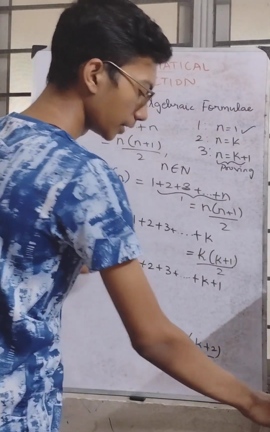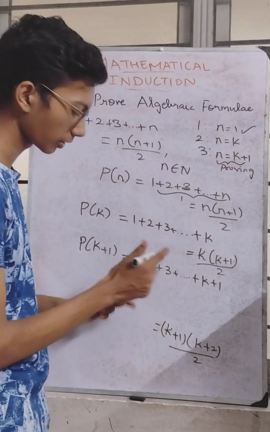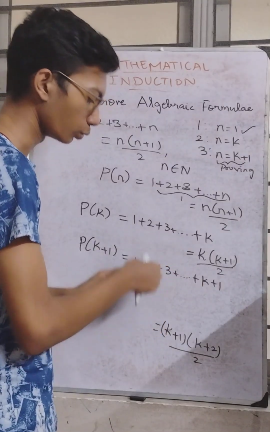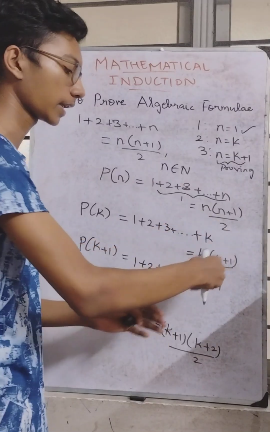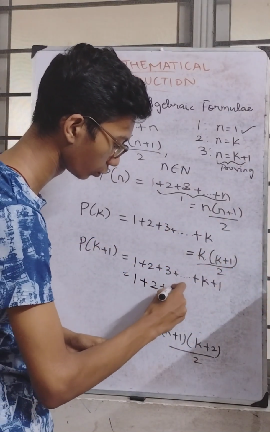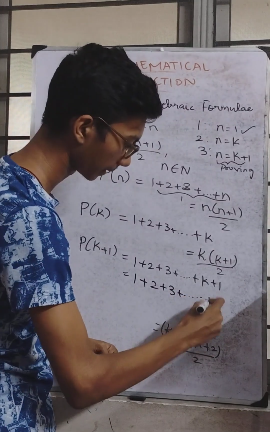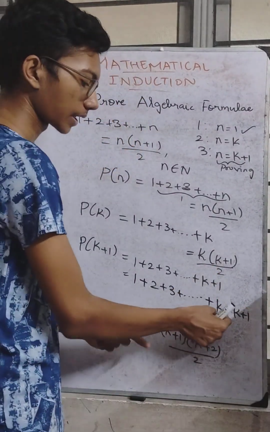Now what will be the predecessor value to k plus 1? Because we are getting from 1 plus 2 plus 3 plus 4 plus 5, we are going till k plus 1. So this we can write as 1 plus 2 plus 3 plus up to k, plus k plus 1. Now why did this k come here?